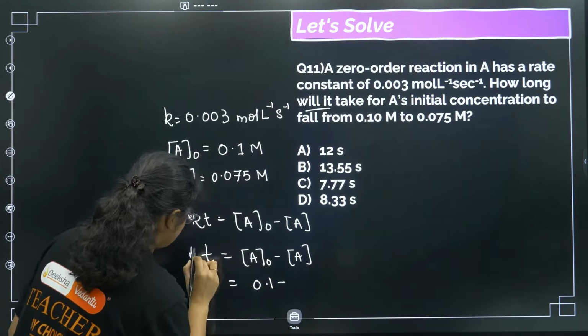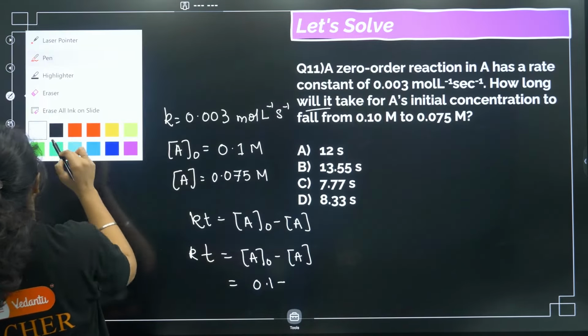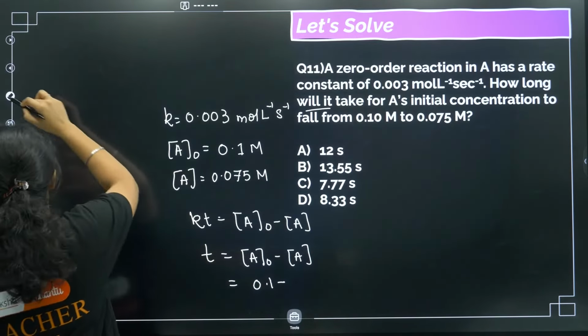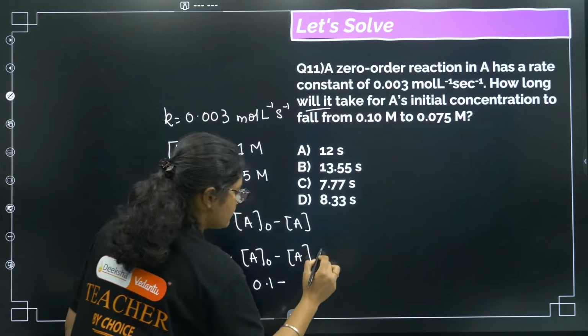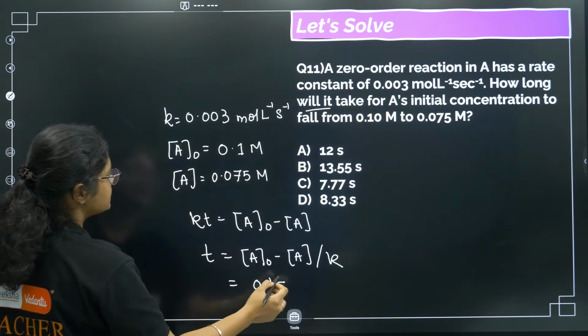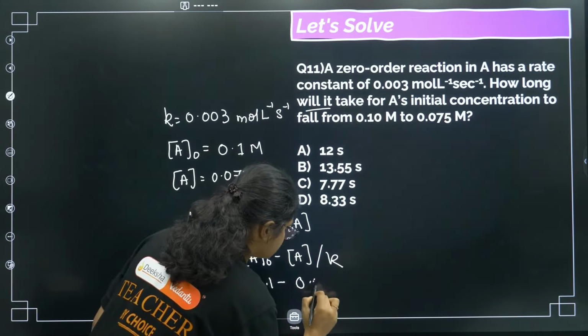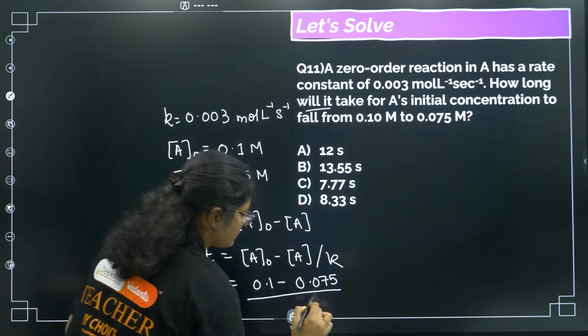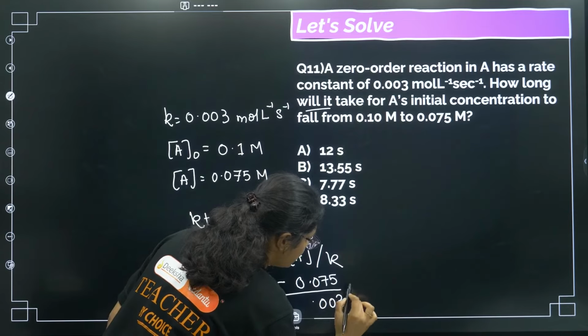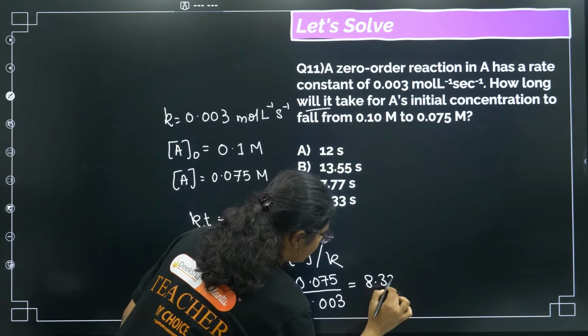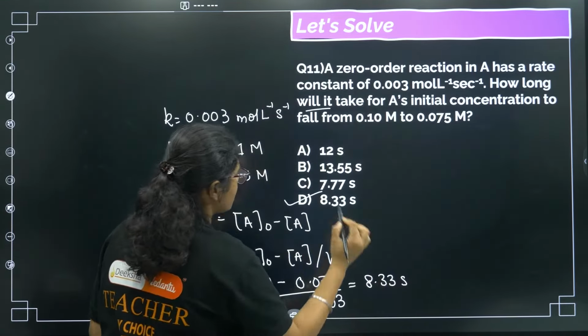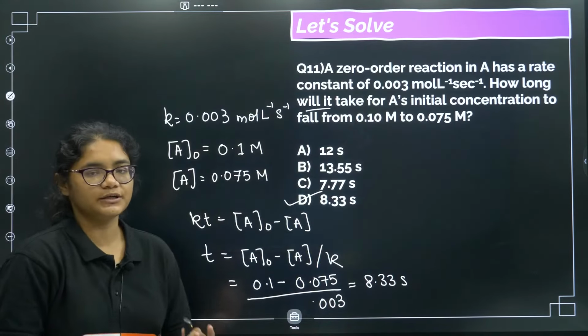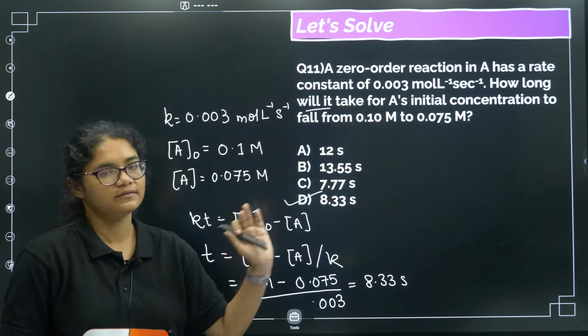So I'll get 0.1 minus 0.075, right, divided by K value, 0.003. Okay, if you solve this, we'll be getting around 8.33 seconds. So the correct answer for this question will be option number D, that is 8.33 seconds.